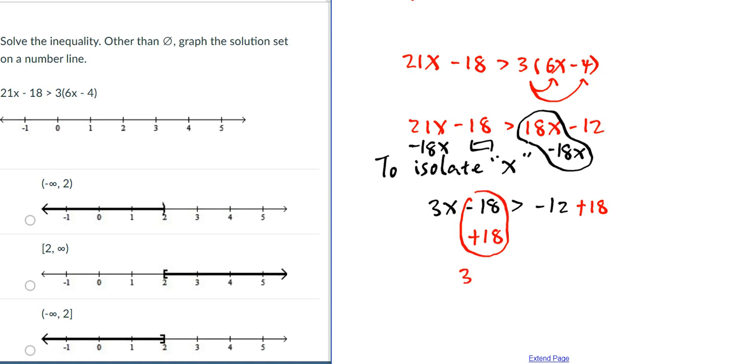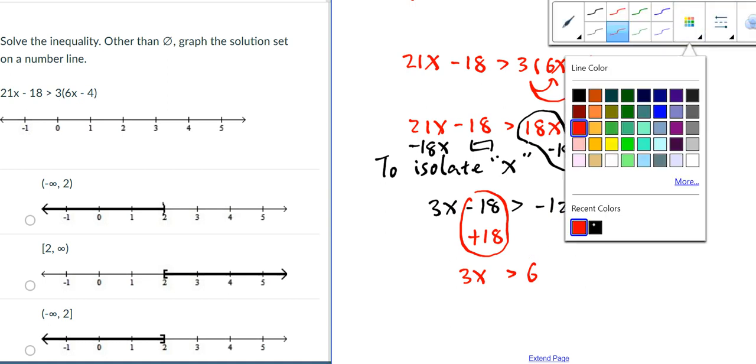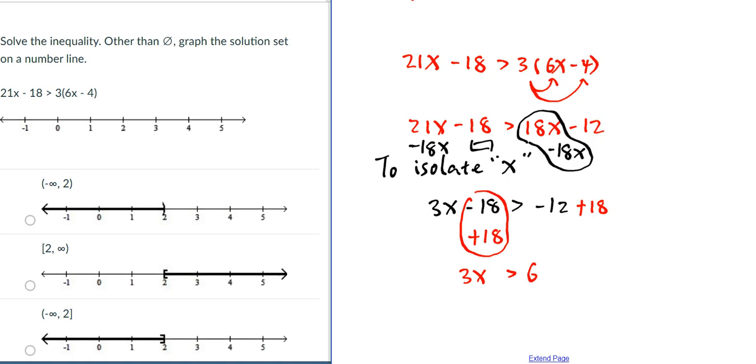So you then have 3x greater than 6, because 18 minus 12 is 6. So then both sides divided by 3. We will have x greater than 2.